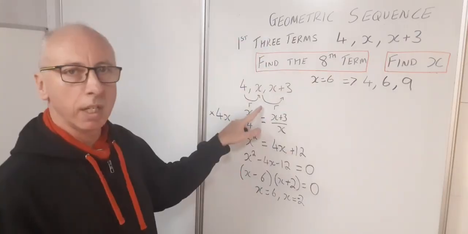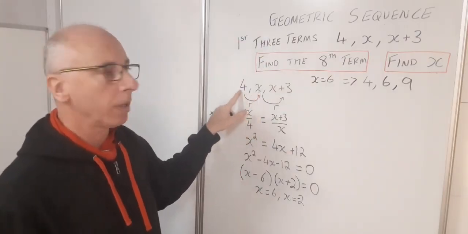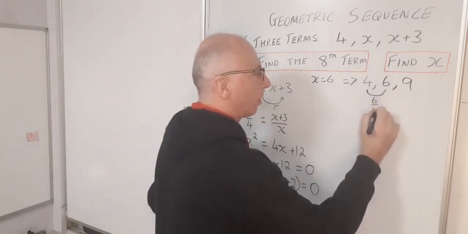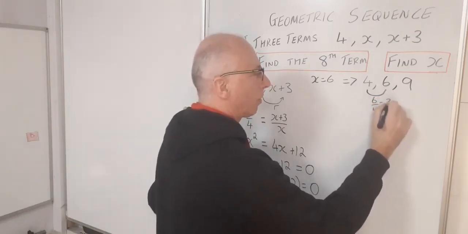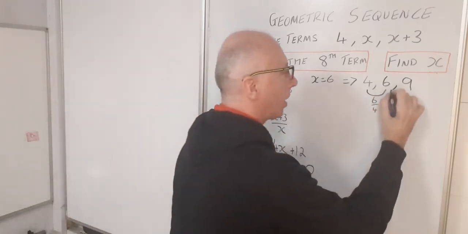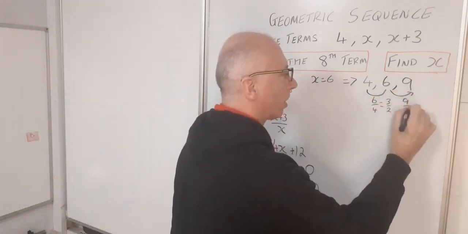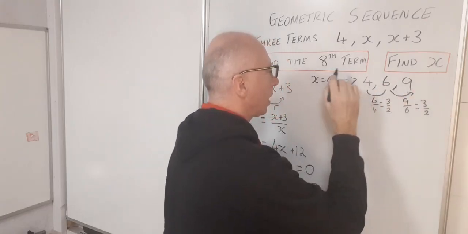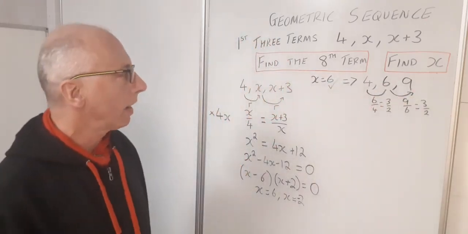Well, remember, look what we did here. We divided the following term by the previous. So now from here to here, I've got 6 over 4, which equals 3 over 2. And then from here to here, I've got 9 over 6, which also equals 3 over 2. So yeah, x equals 6 is checked. That's definitely a valid result.